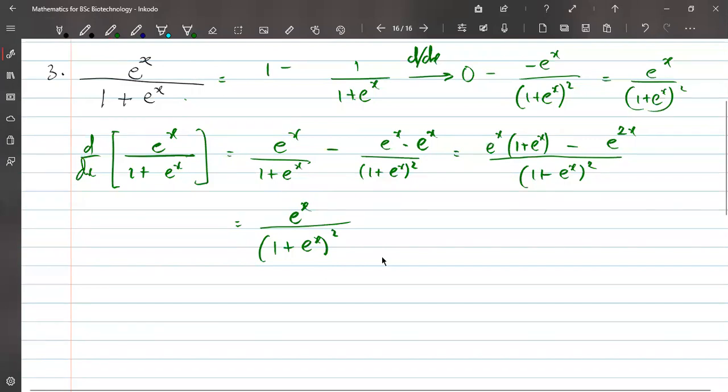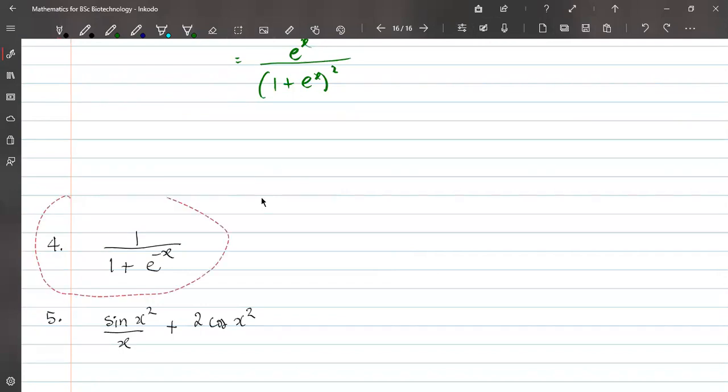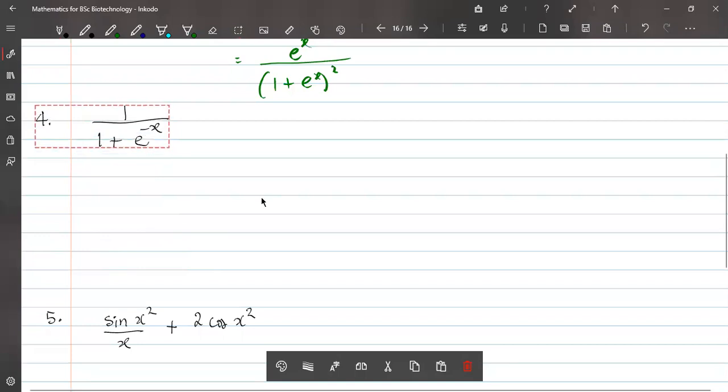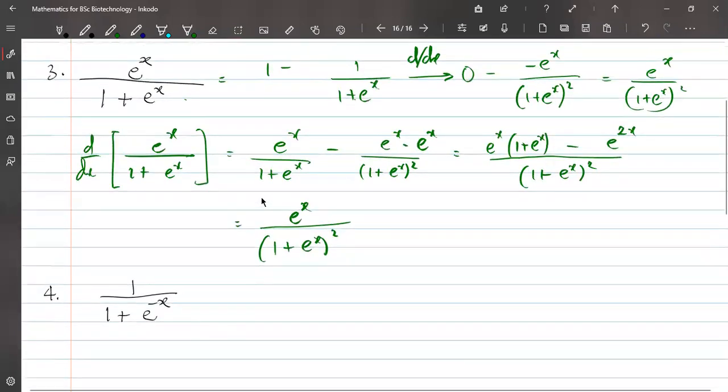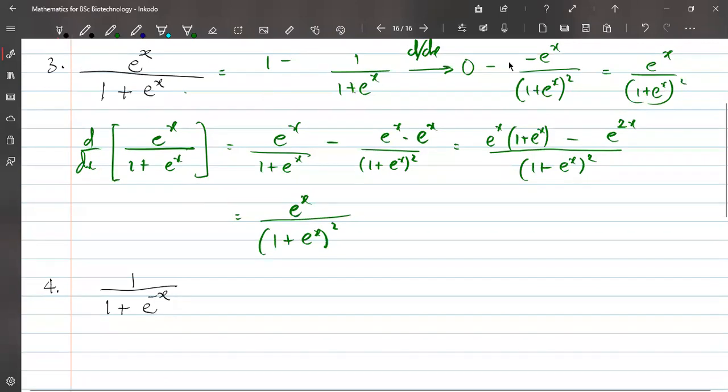Now the fourth problem, has anyone done it? Which is, yeah, I've written it here, right? 1 by... The answer is e power minus x by 1 plus e power minus x whole square. Yes, basically the same thing as this, only that it's minus here.